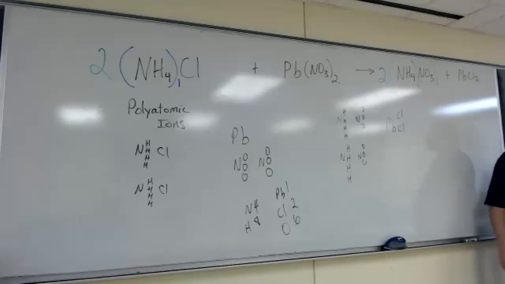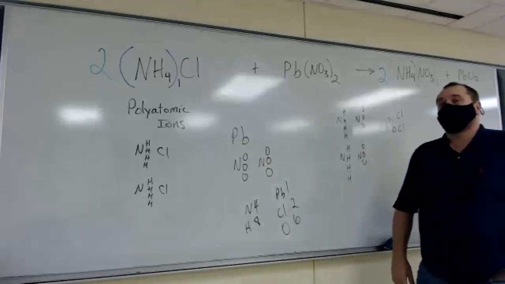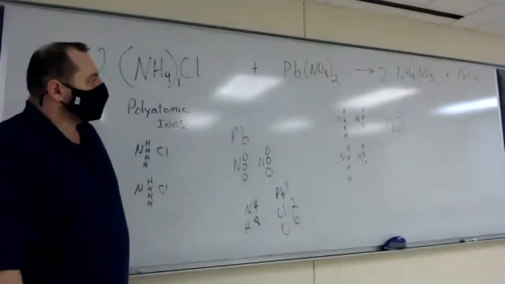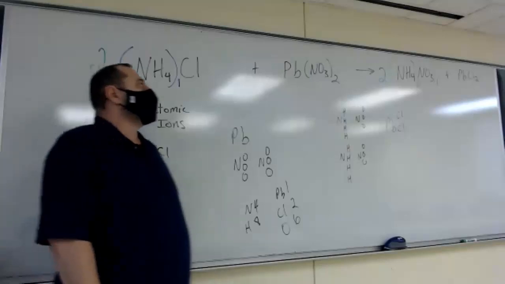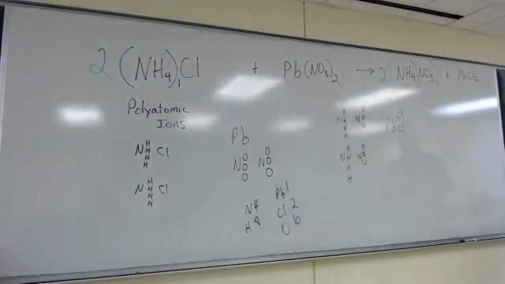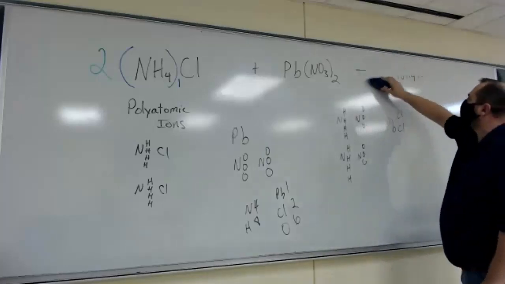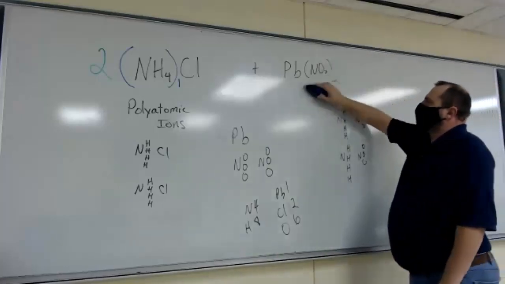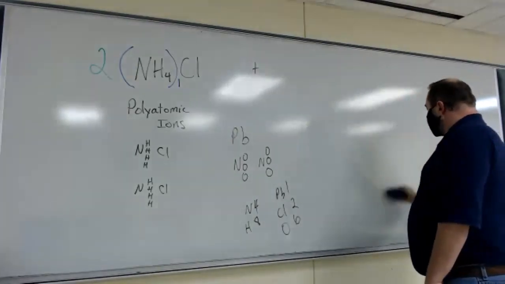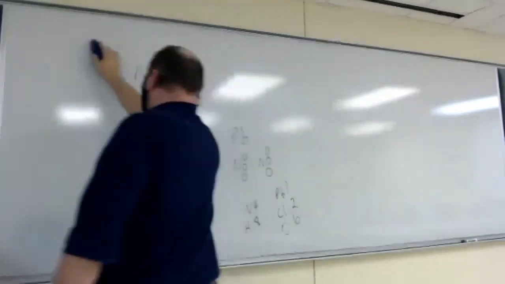It's balanced. We've got the smallest whole number ratio, so we have the same on both sides. All right, let's get a little more practice. But those are our two main tricks that we'll use: lowest common multiple and polyatomic ions.